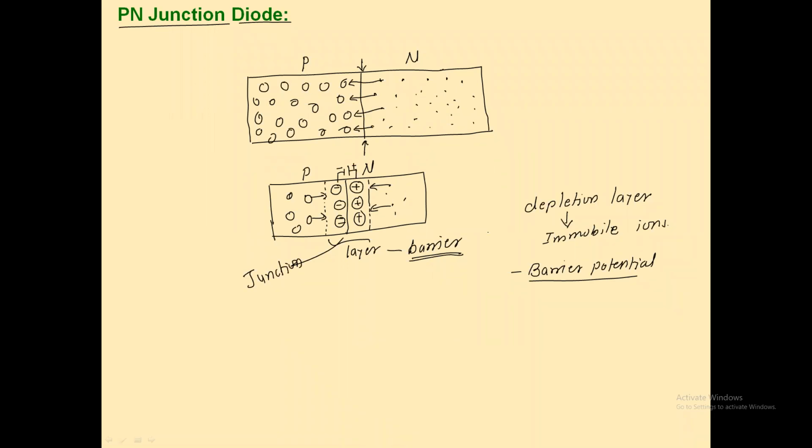And this barrier potential exists near the junction, so this potential will not allow the free electrons and the holes to cross the junction. That's why it is called a barrier potential. And experimentally, it is observed that for a silicon diode, this barrier potential is approximately equal to 0.7 volt, and for a germanium diode, this barrier potential is approximately equal to 0.3 volt.